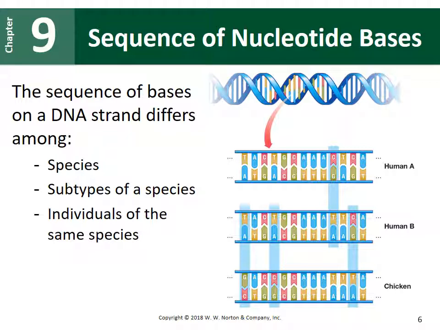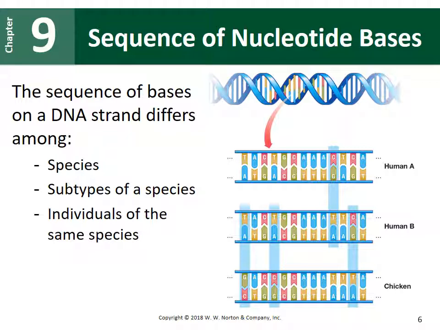In addition, it can vary within a subtype within a species. So for example, if you think about domestic dogs, we have different breeds. And each of those different breeds, from Dalmatian to Great Dane, have differences in that DNA that codes for those different traits or characteristics that those breeds show.